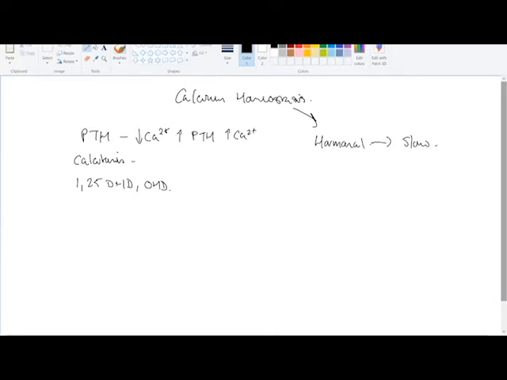Calcitonin is basically a flipped side of it. So calcitonin will be released in response to an increase in serum calcium, which usually comes from a high dietary intake of calcium from the diet. So an increase in serum calcium means that calcitonin, where's this from?